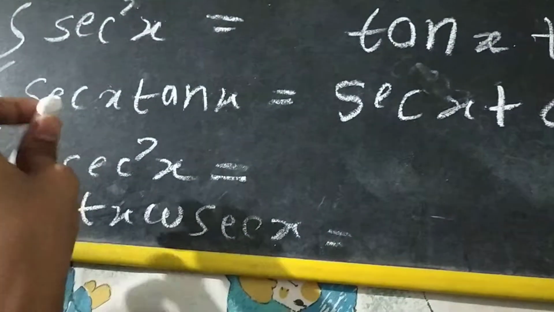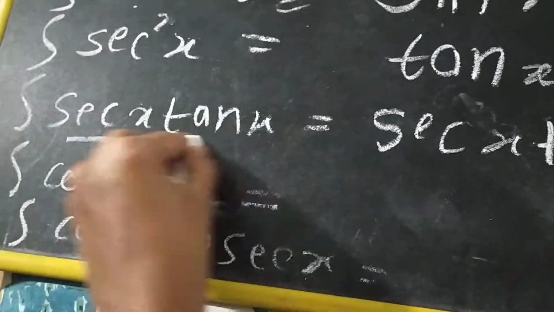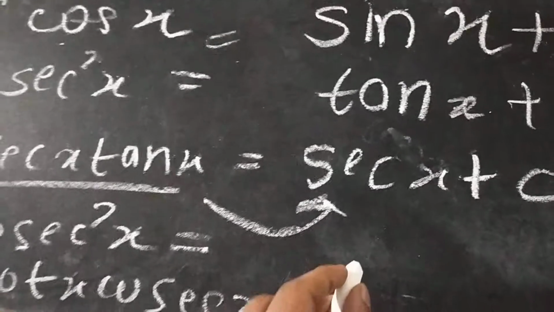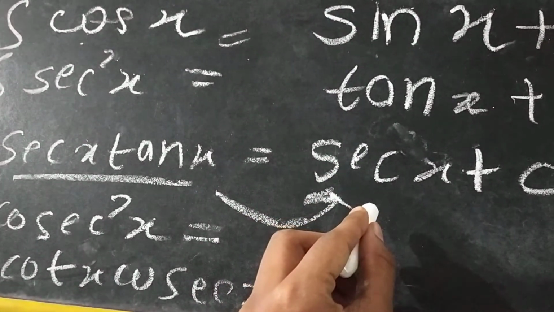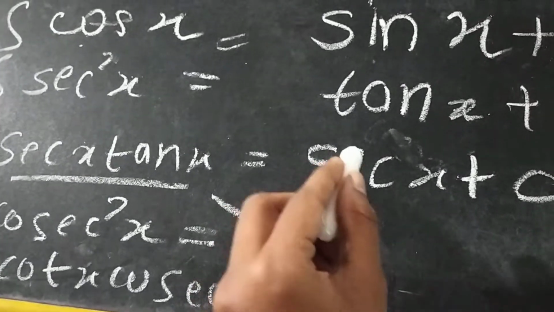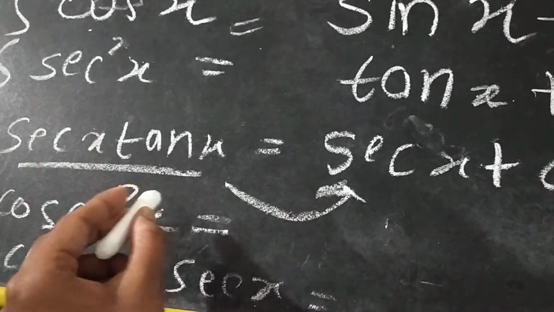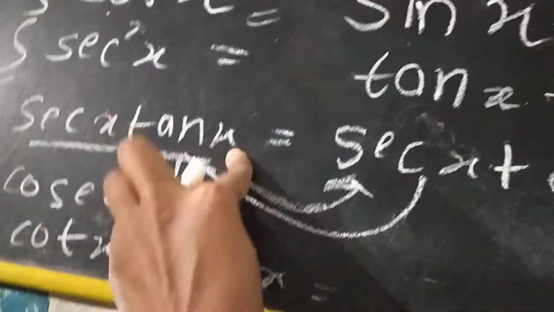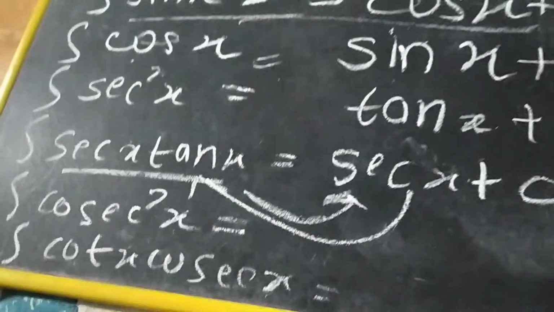Okay, I told you something wrong. The derivative of sec x tan x is not sec x. Sec x tan x is the derivative of sec x.